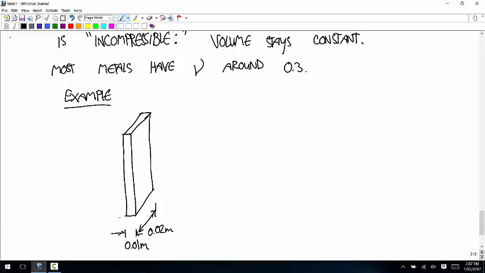And the height is 10 centimeters, 0.1 meters. I'll use a coordinate system with X that way, Y that way, and that means Z has to be that way. And let's say that an external load is applied, it's put into tension, and the value of that load is 5,000 newtons.